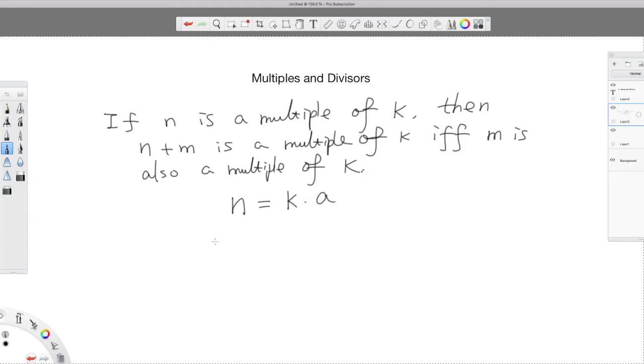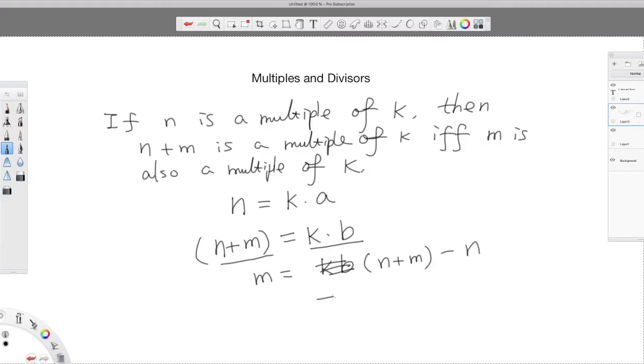And if n plus m also equals k times another integer b, that's the definition of n plus m being a multiple of k, then m equals (n plus m) minus n, which equals kb minus ka, using the distributive law, equals k times (b minus a).